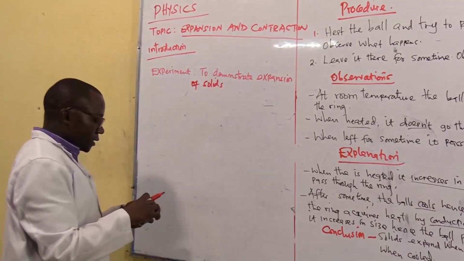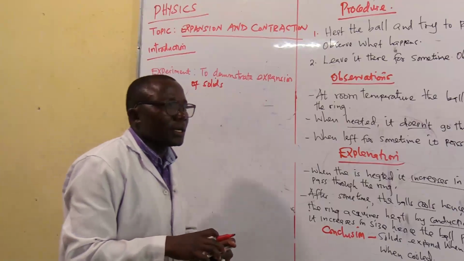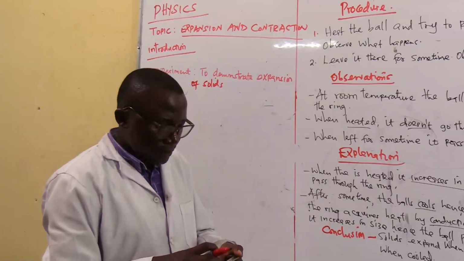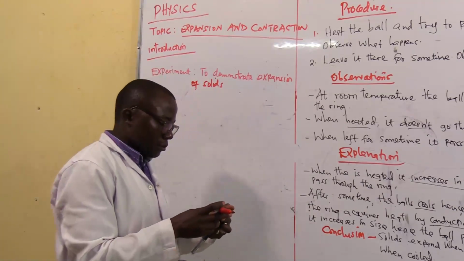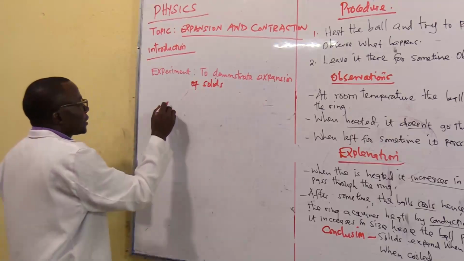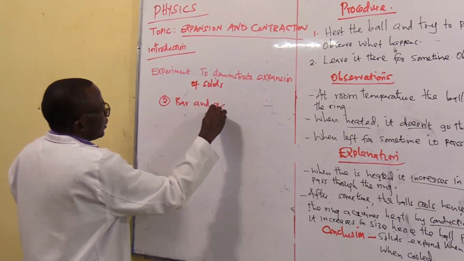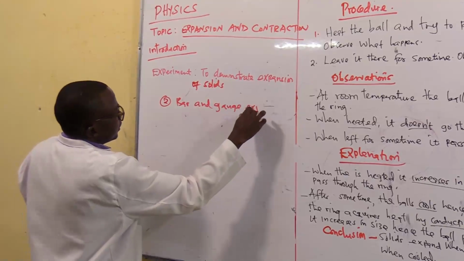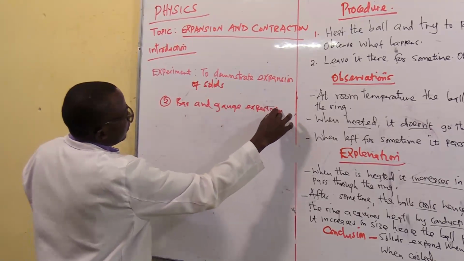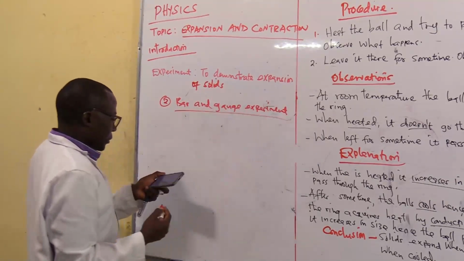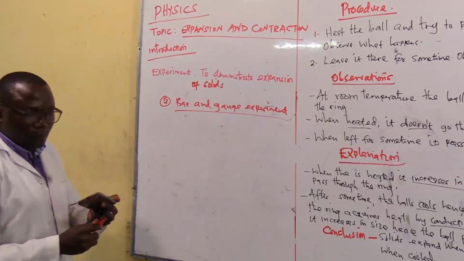The next experiment, we want to use what we call the bar and gauge experiment. So number 2, we have the bar and gauge experiment. You need the following apparatus.